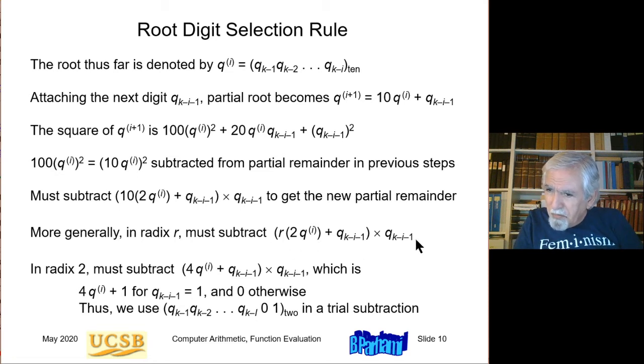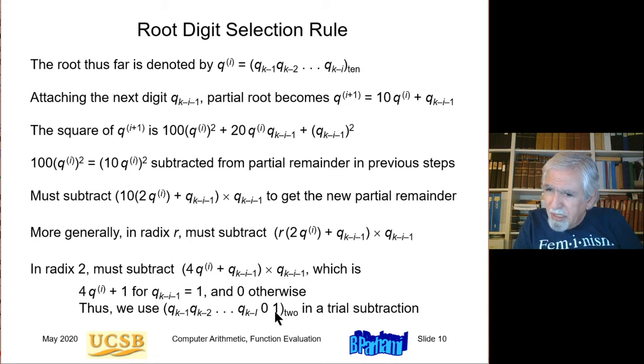So this is, if the quotient digit is 1, then 4qi plus 1 times 1. Okay, times 1 you can ignore. So 4qi plus 1 is basically qi attached with 0, 1 at the end. Okay, 4 times qi is basically qi followed by 0, 0.